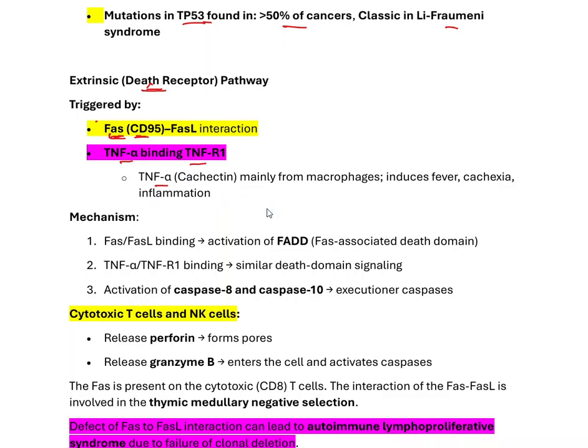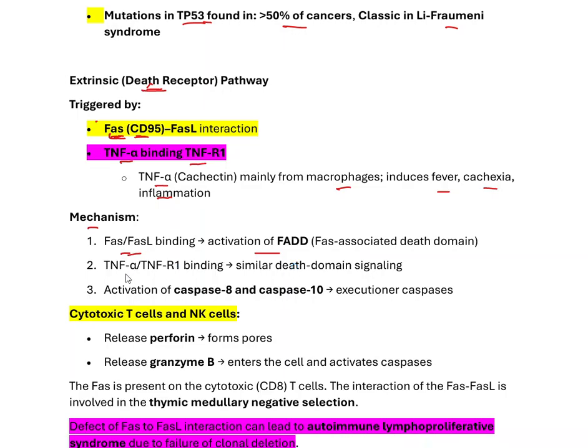This TNF alpha, as we spoke about in the past, is one of the inflammatory cytokines, the acute phase cytokines, which is produced from the macrophage. So it can induce fever, it could cause cachexia, so it could make patients lose weight, and it could also cause what? Inflammation. So let's look at the mechanism. This Fas ligand interaction will lead to activation of the Fas associated death domain, and that could lead to activation of what?